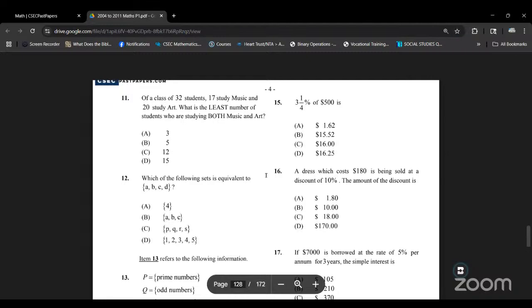So the remaining study both. 17 plus 20 is 37. 37, minus 23 gives me 14? Start again: 17 plus 20. 10 plus 20 is 30, plus 7 gets 37. 37, 32 from 37 gives me 5. 5. Okay, good.